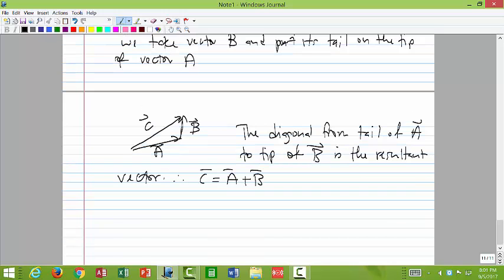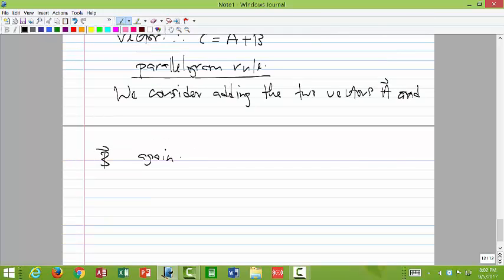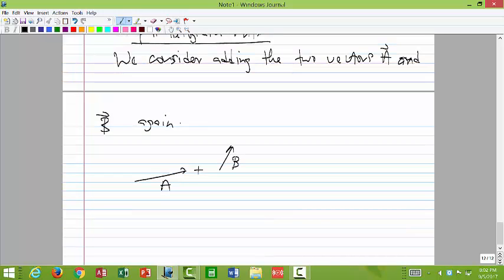Another way is called the parallelogram rule. In the parallelogram rule, we can consider adding the same two vectors, A plus vector B. The parallelogram rule just means that you create a parallelogram of the two vectors.